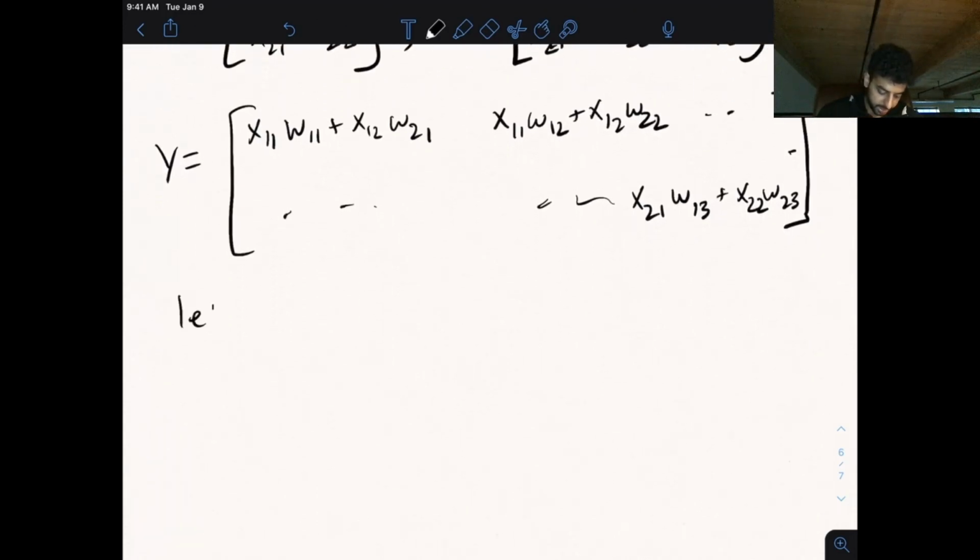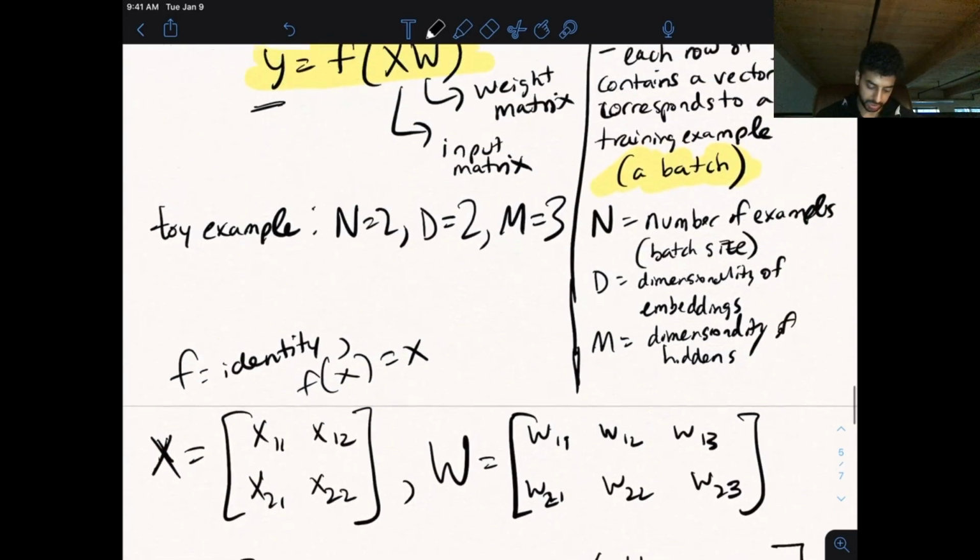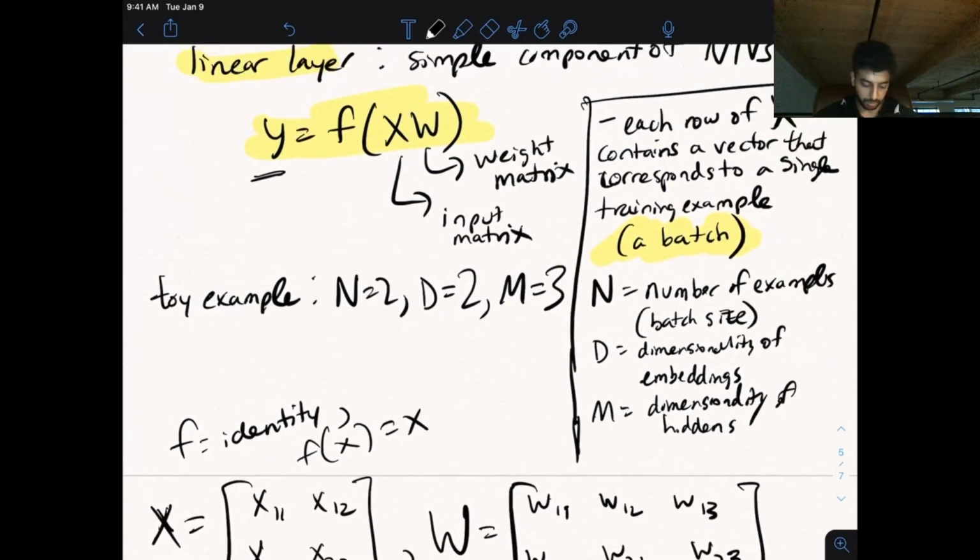And let's assume we're given dL/dy. This is the partial derivative of some loss function with respect to y. So we're ignoring all of the rest of the computations in this network.